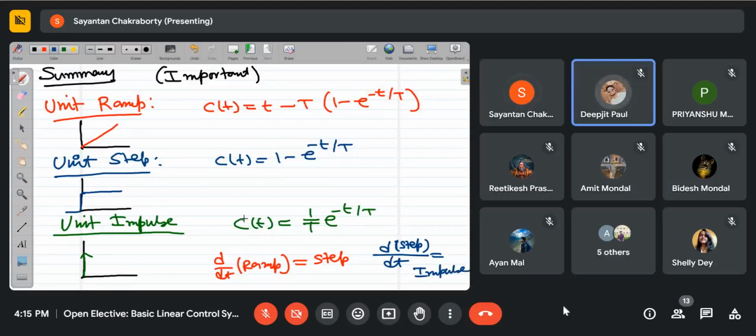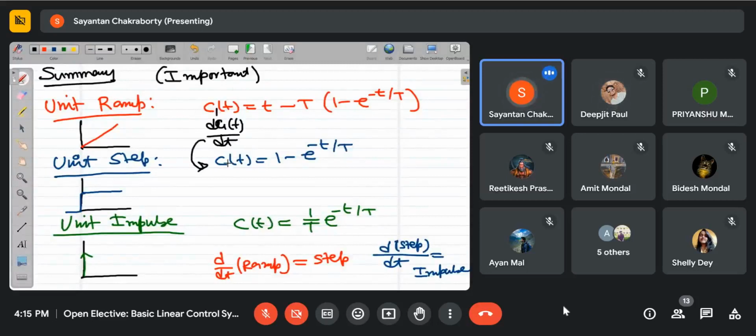Yes, sir. Now check whether this is transferred to the output response c(t), say c1(t), d of c1(t) by dt is c2(t). Okay, what?